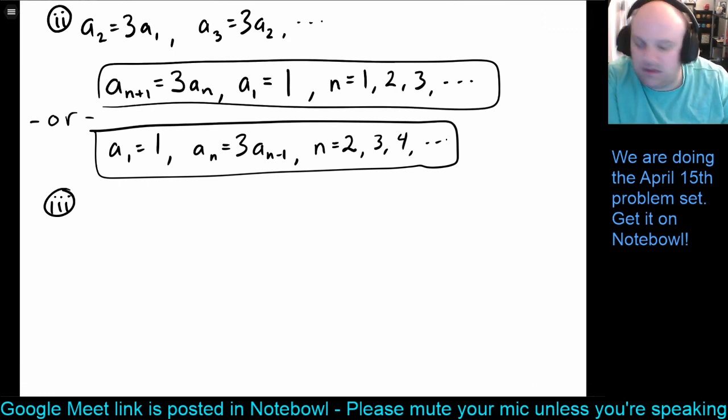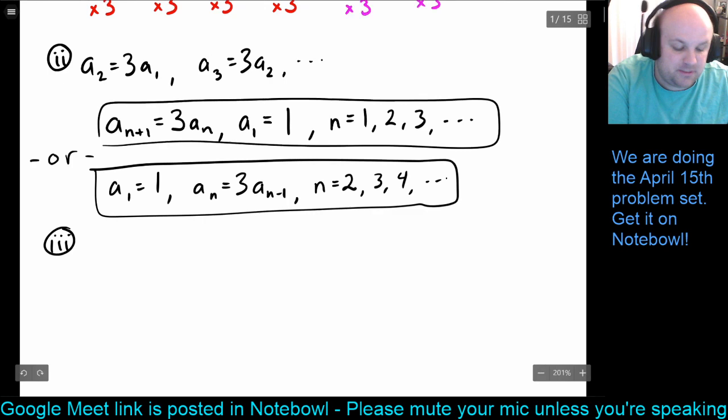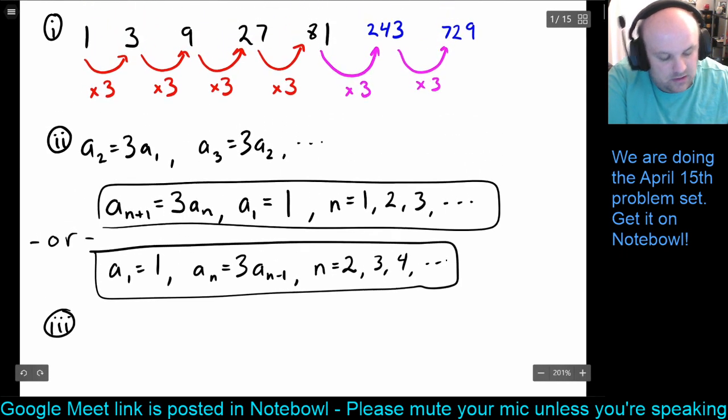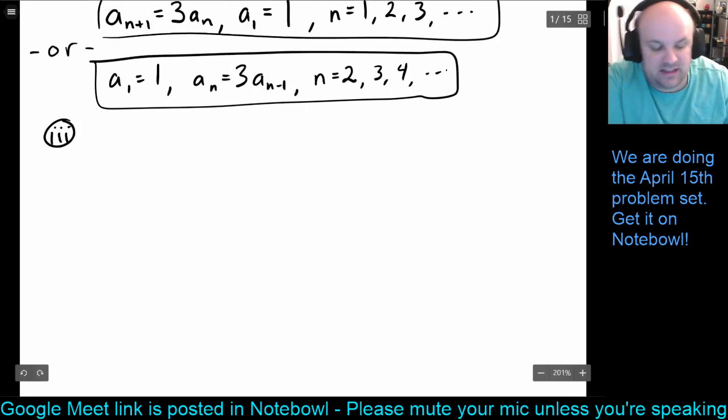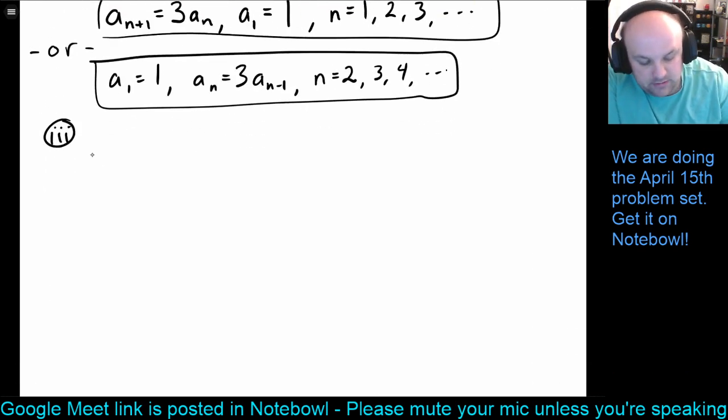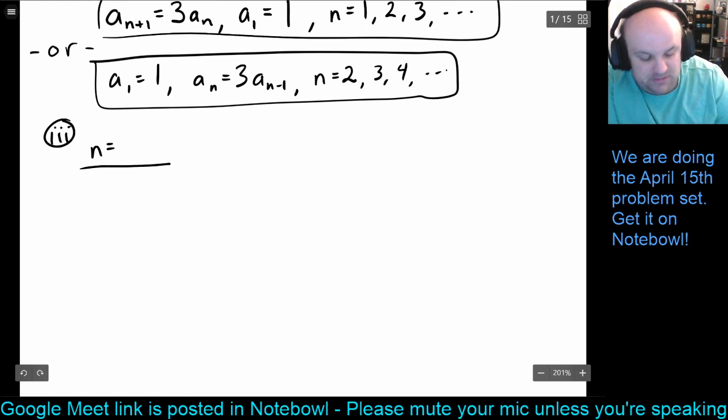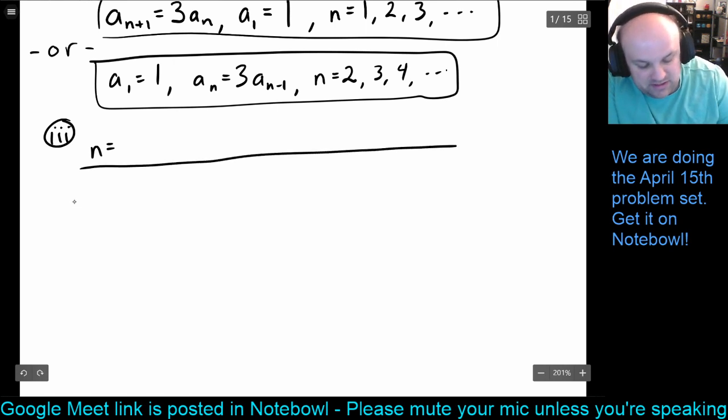Okay. Part 3 is we want an explicit formula. So for the explicit formula, this is where I think that chart is really good. At least this always helps me organize my thoughts on this stuff.